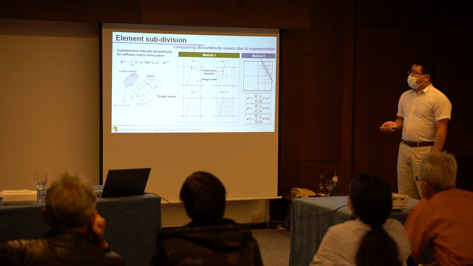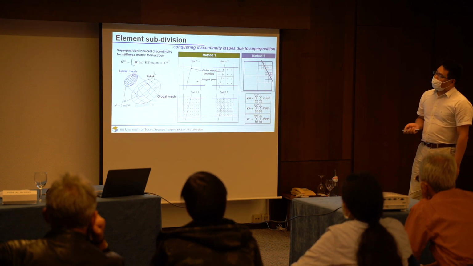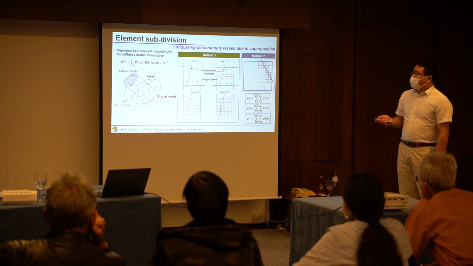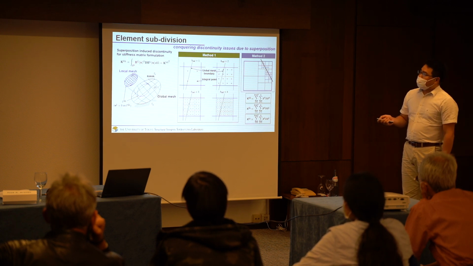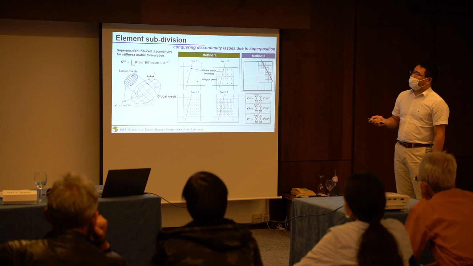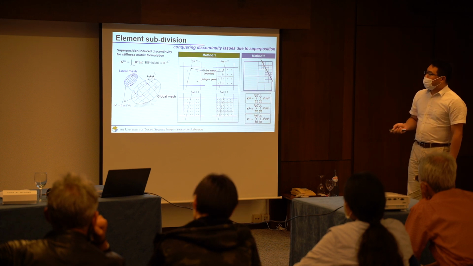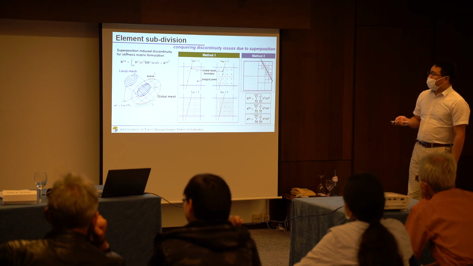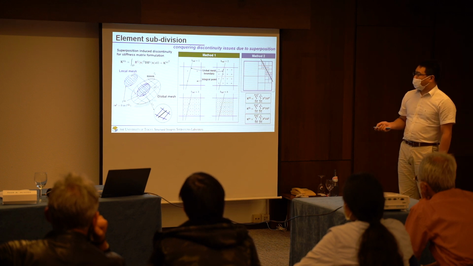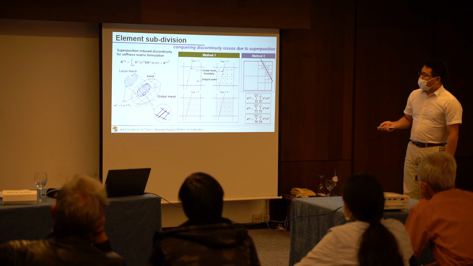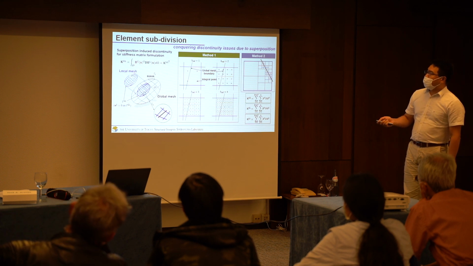For the implementation of the superposition finite element method, the main problem is the calculation of the coupling stiffness matrix, KGL. Due to the superposition, we may expect that some local elements belong to two global elements, because we need to calculate the global shape functions.